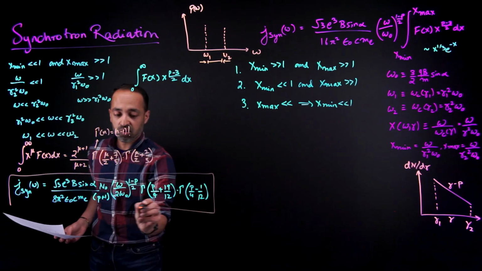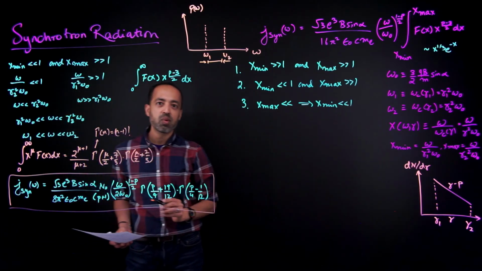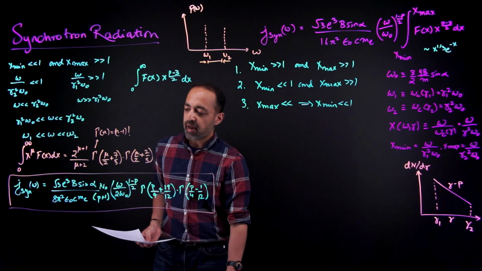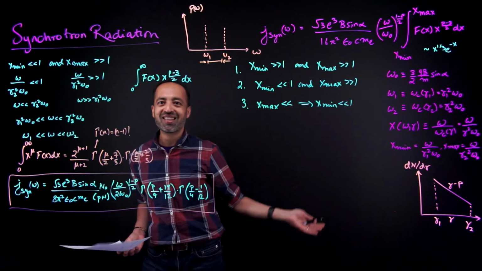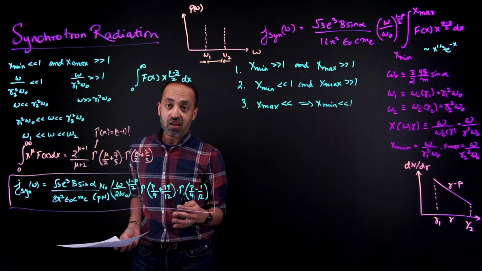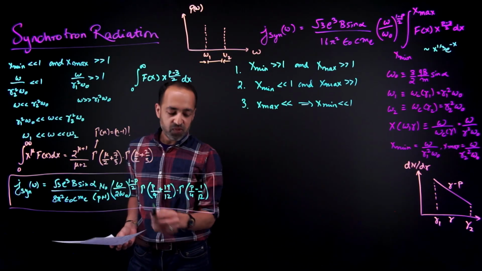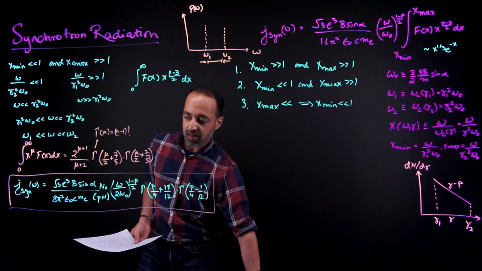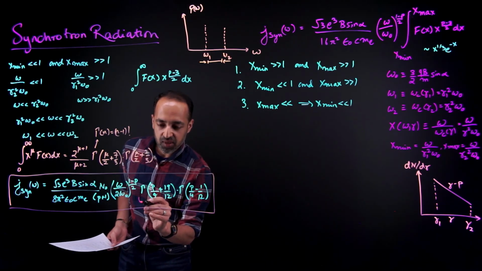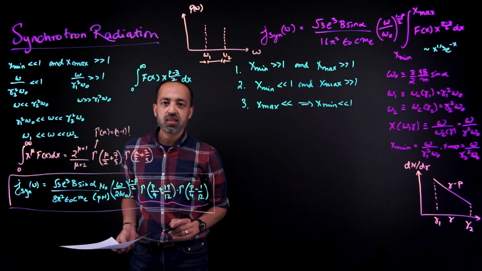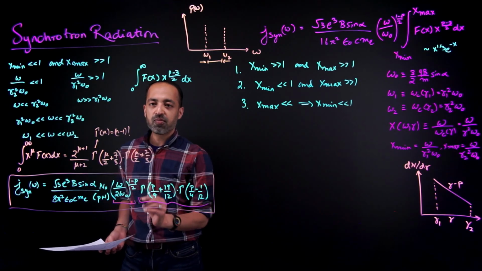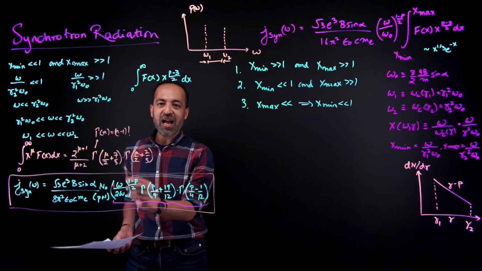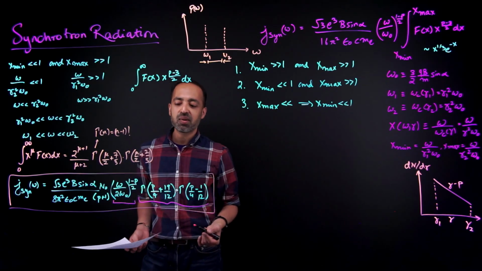So this, in all its glory, is the full emission coefficient for synchrotron radiation from a power-law distribution of particles. And for all our trouble, all of this in the last several minutes, what we've got out of it is this p dependence here. So this is a p-dependent correction factor, but this holds the physics. This is the actual spectral shape. It's omega to the 1 minus p over 2.